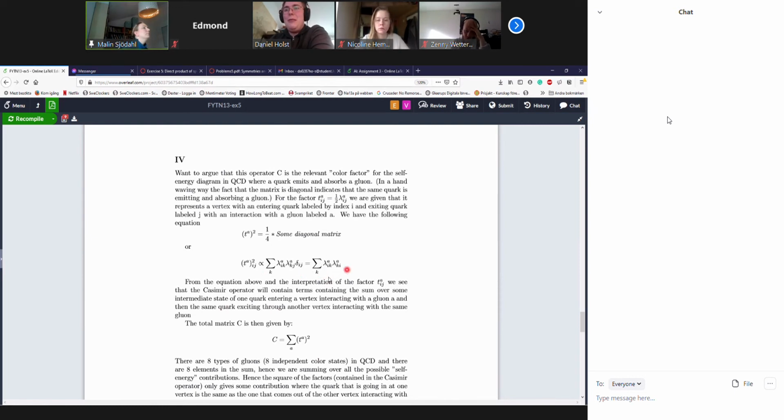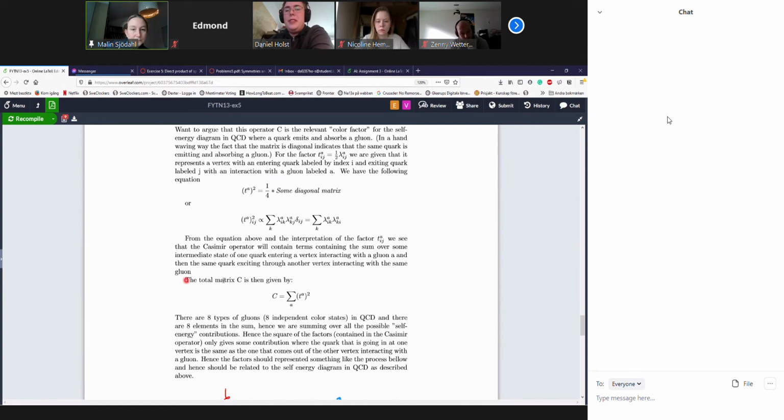But in this way, we end up with this. And here we see that in this interpretation, we have some quark entering this vertex i and interacting with a gluon A, then some exiting intermediate state, K, and then another vertex where K enters and the same quark index goes out and interacts with the same A. So I guess that sort of makes sense.